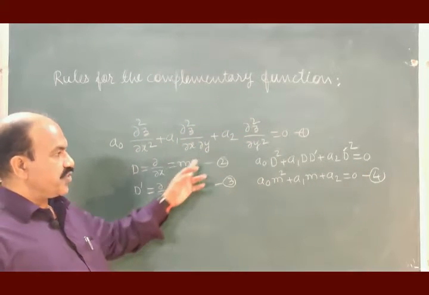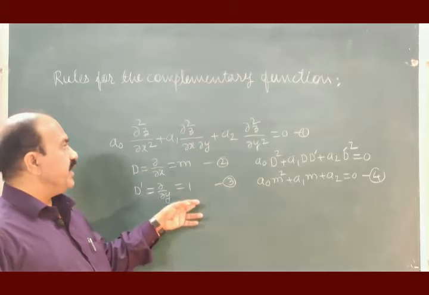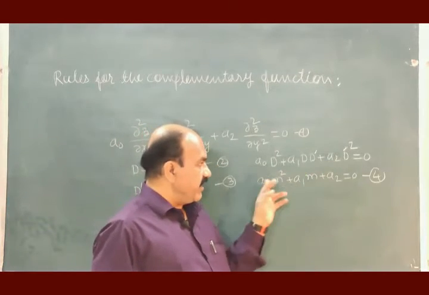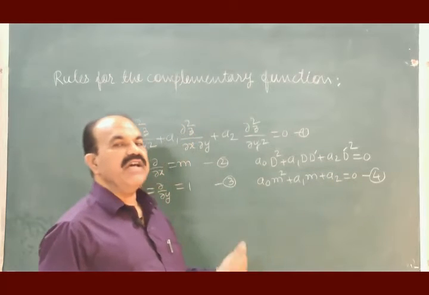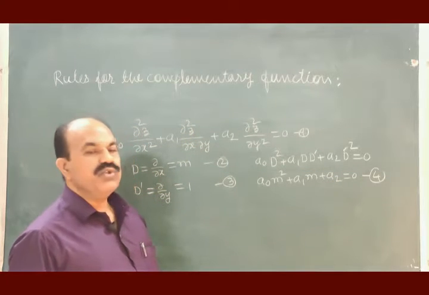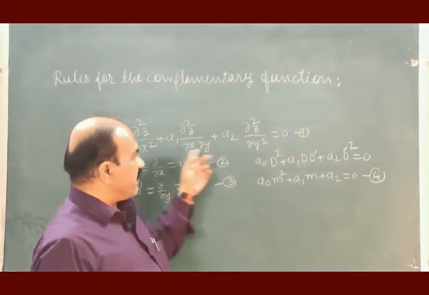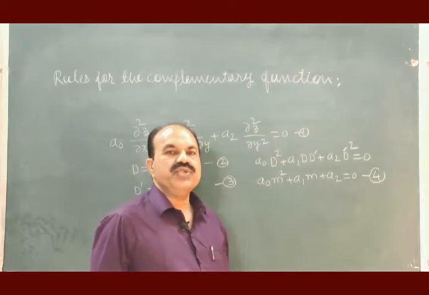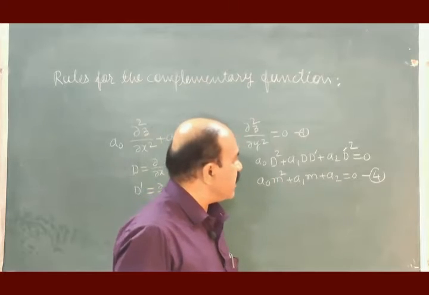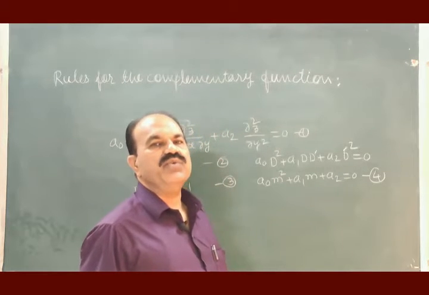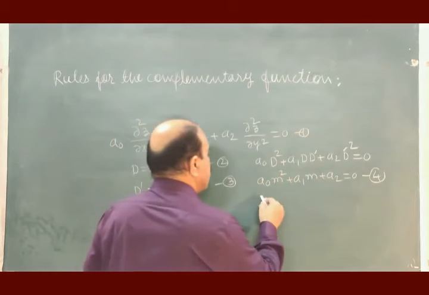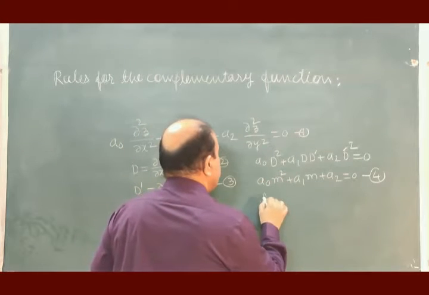Using equations 2 and 3 in equation 1 and solving, equation 1 is simply written as a0 m square plus a1 m plus a2 is equal to 0, and equation 4 is known as the auxiliary equation.